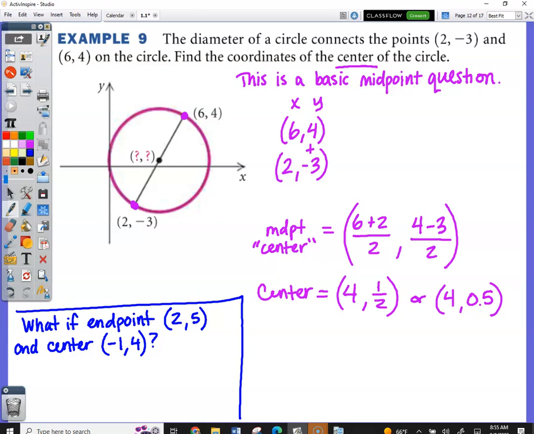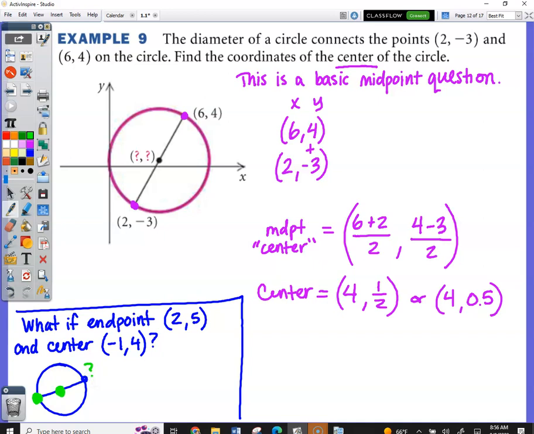The first thing I would suggest is sketch a little picture. Doesn't have to be on a coordinate plane, doesn't have to be accurate. Just sketch a picture to get an idea of what I've just given you. So I gave you one endpoint and the center, and I'm asking you to find the other endpoint.